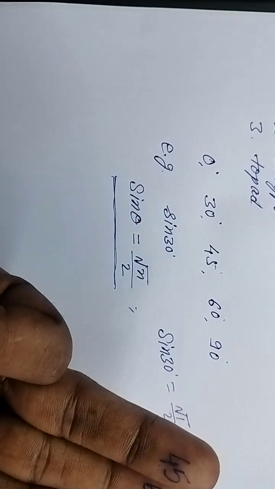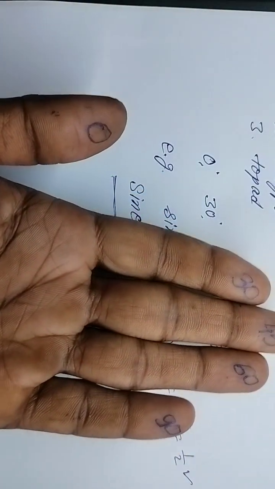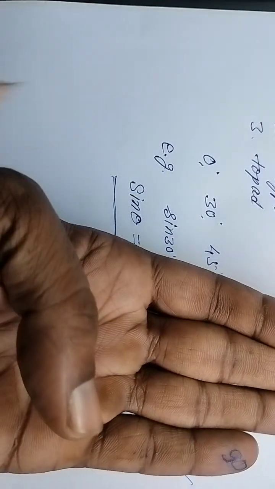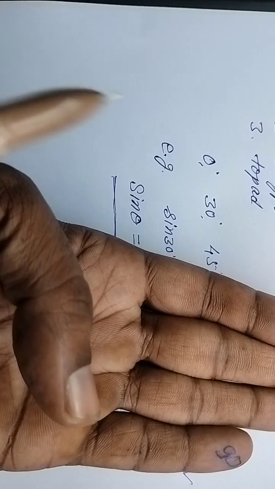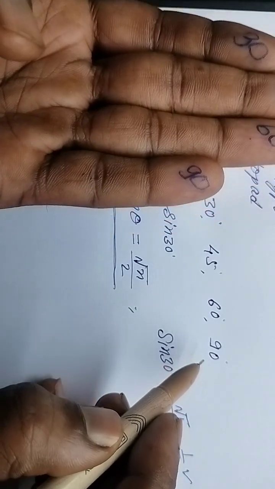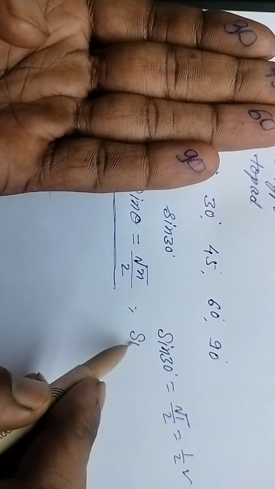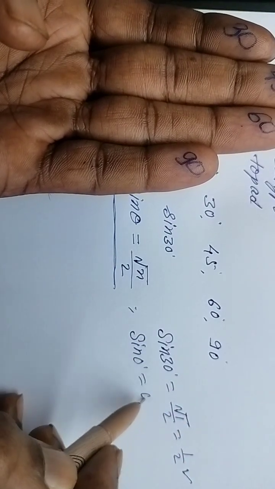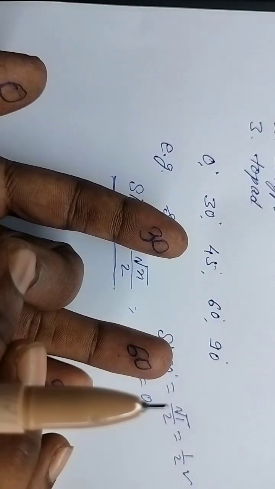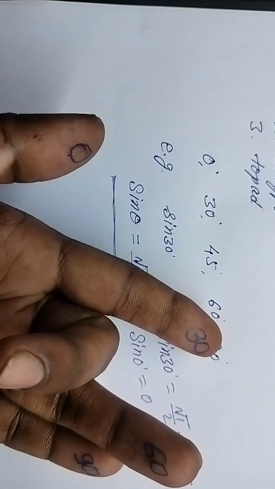For sin 0, look, where is 0 degree? In here. Bend this. How many fingers remaining here? That is 0. That means the value of sin 0 will be 0. Sin 45, bend this one. Count these.